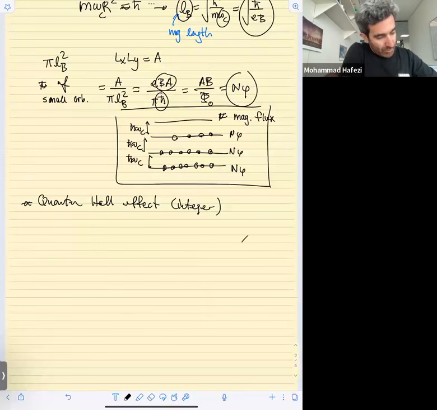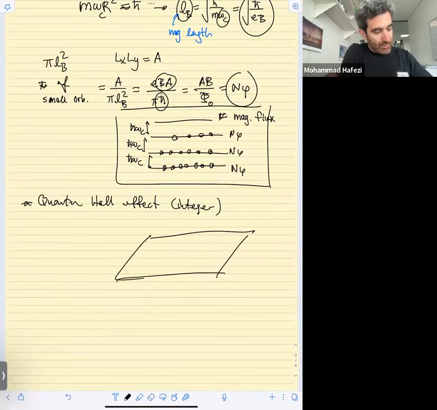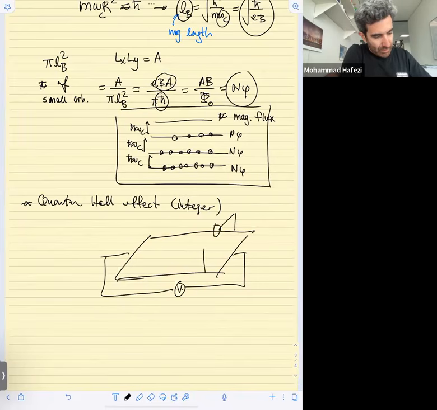So what is quantum Hall effect? Quantum Hall effect is that you have a two-dimensional electron gas. You look at the voltage and current in transverse direction. And again, from this semi-classical picture that we just described, in the middle you have cyclotron motion if you have a magnetic field.